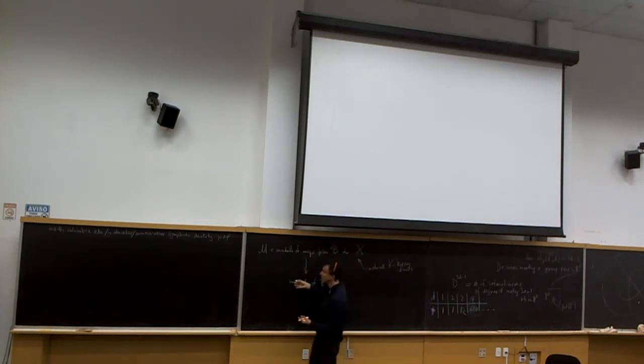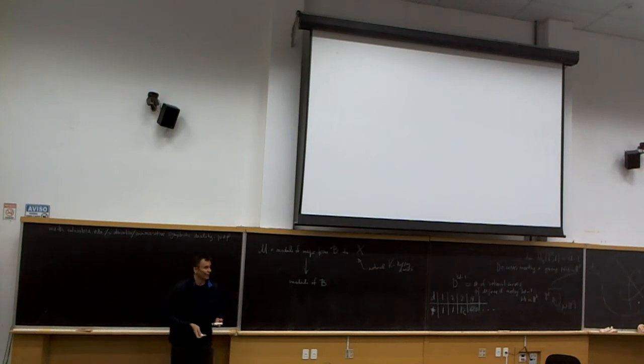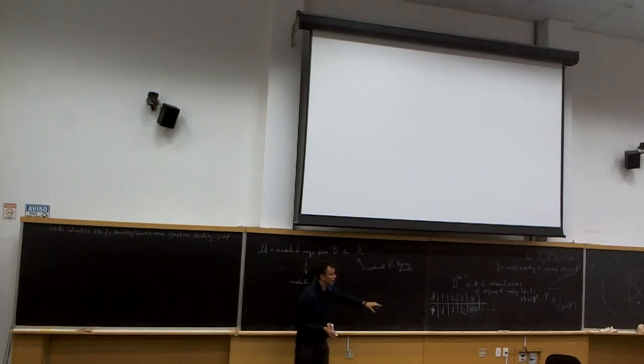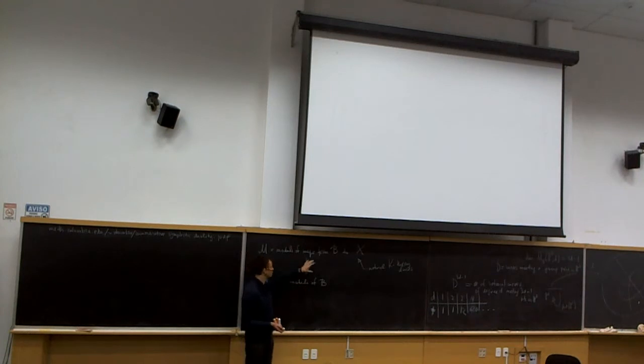Then you can push them forward. You have some moduli of your B, and if you're a physicist, you integrate over all possible maps to some variety X, and instead of a number, you may get some class here. You can further integrate that. So you push forward the K-theory class. What do I mean by pushing forward a K-theory class? It means you take an alternating sum of all cohomologies of it.